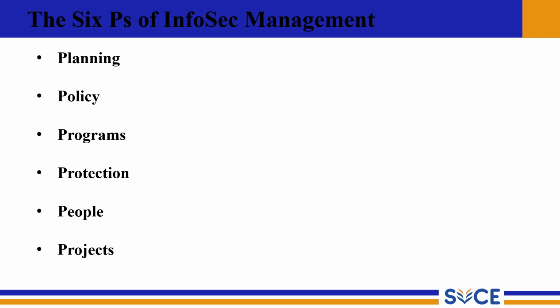Each of these principles plays a unique role. Together, they help an organization not only respond to threats, but also anticipate and prevent them before they occur. Let's look at each of these 6 in detail.